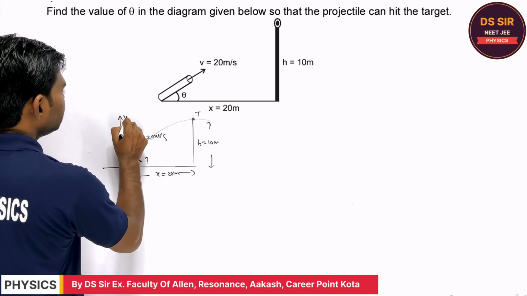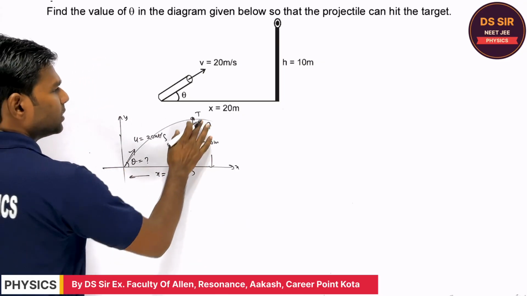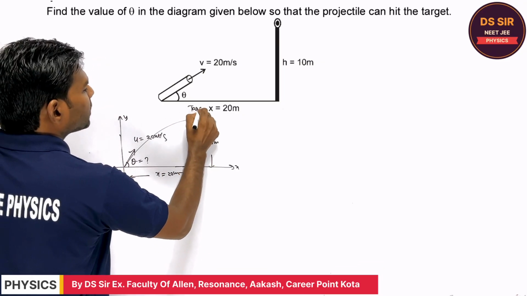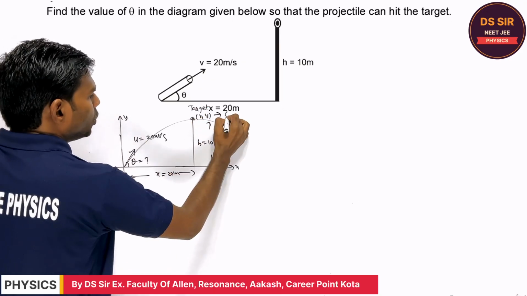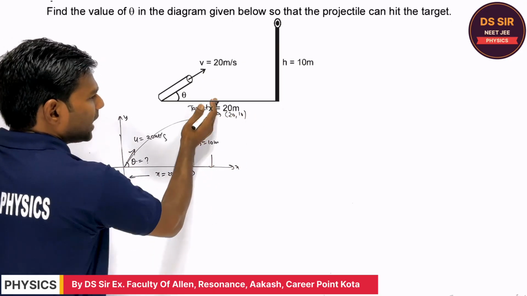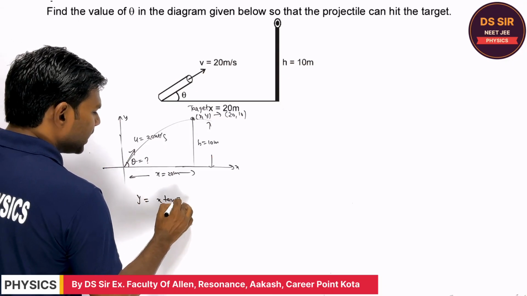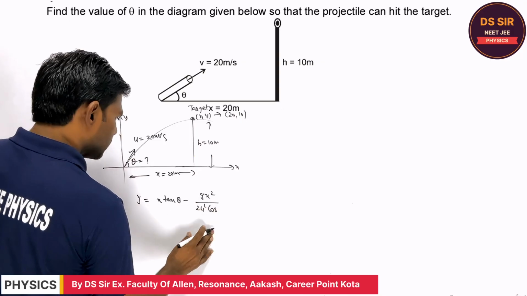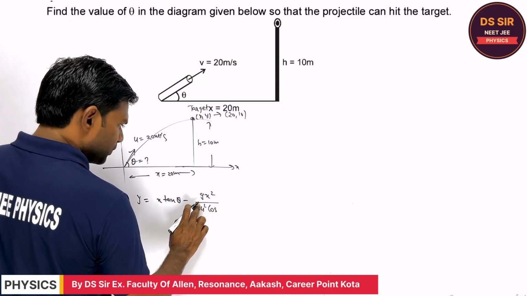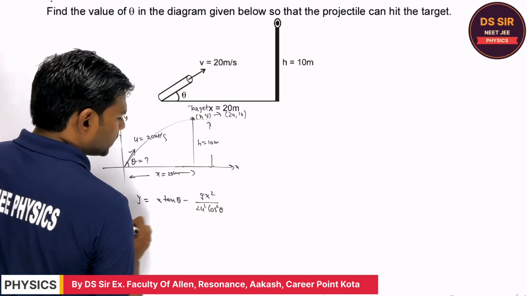All right, so how to solve this? This is the y-axis, suppose this is the x-axis. So what is the coordinate of this point? If this is the target, the coordinates x comma y are 20 comma 10. Is it clear or not? So I will use the equation of trajectory, y is equal to x tan theta minus gx square upon 2u square cos square theta.